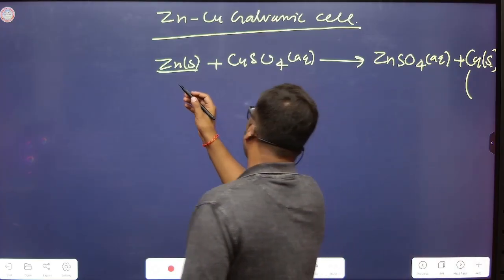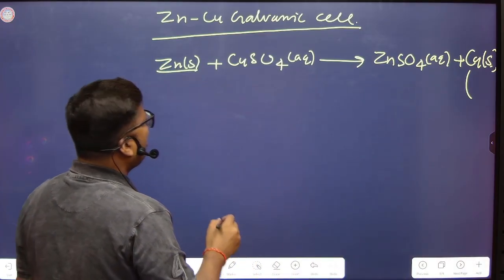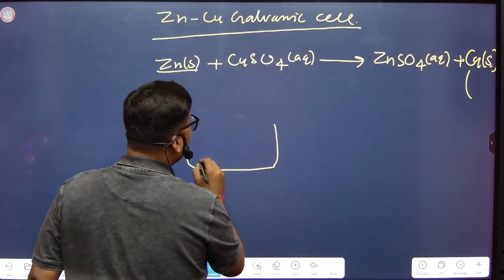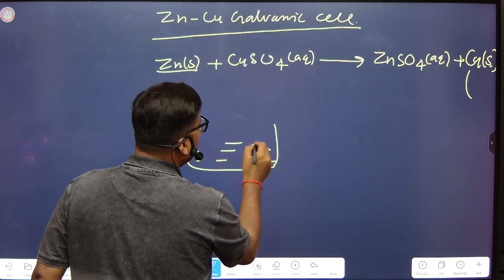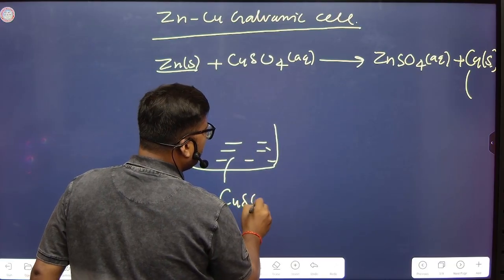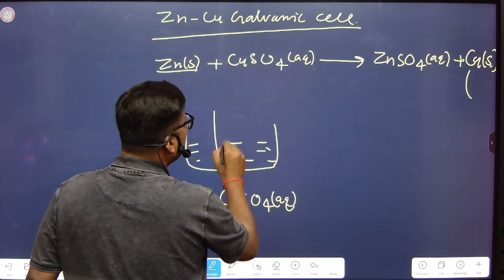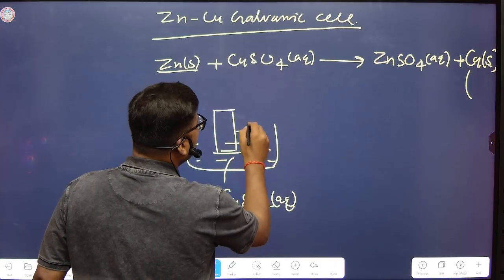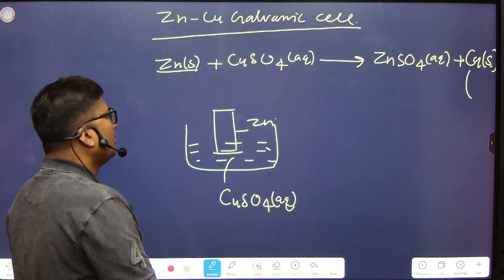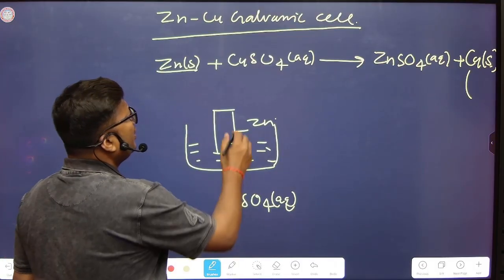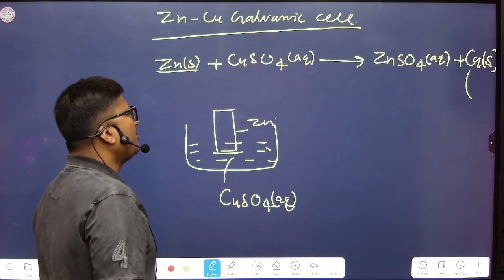So suppose a zinc rod is dipped in copper sulfate solution, right? So this is your copper sulfate solution, aqueous, and this is the zinc rod, so it has the capacity to react with copper sulfate.